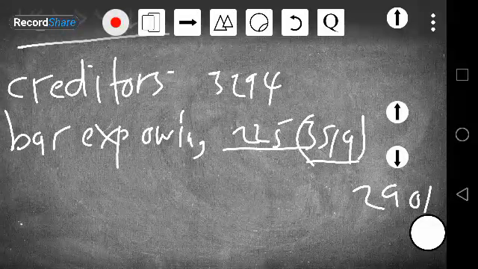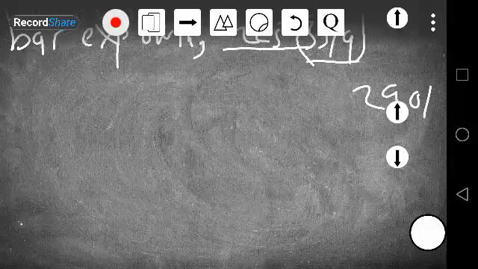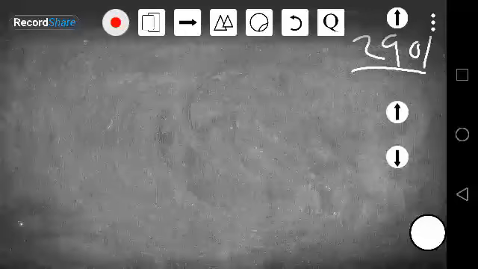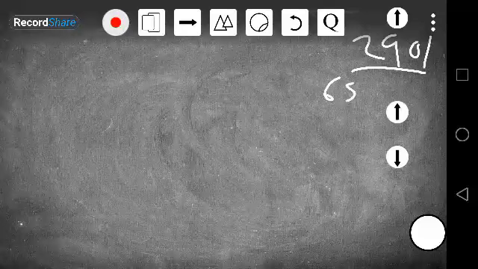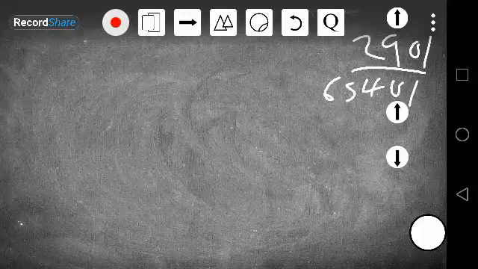So if we say fixed assets plus net assets, we get a total of 65,401. Okay.